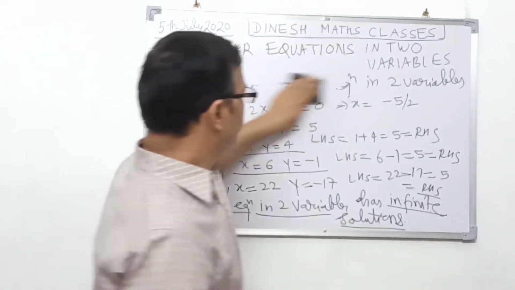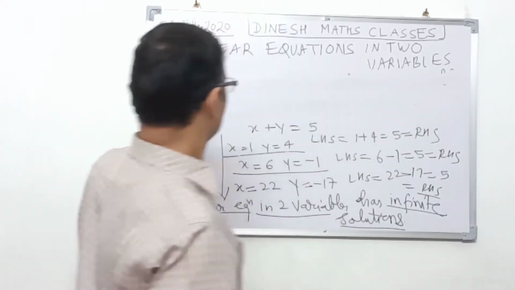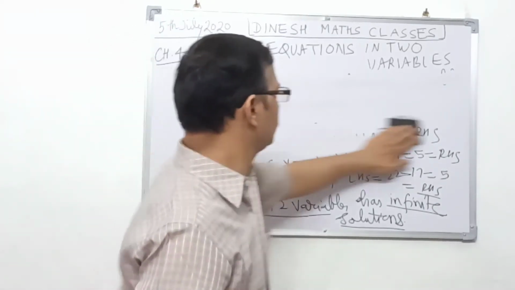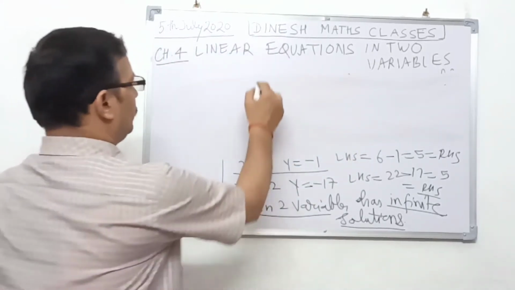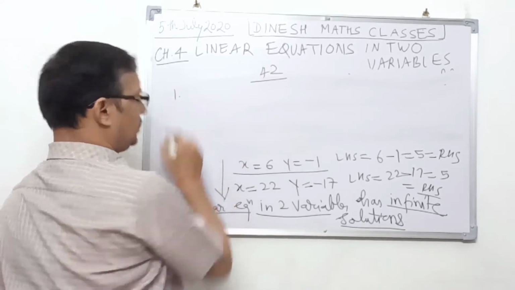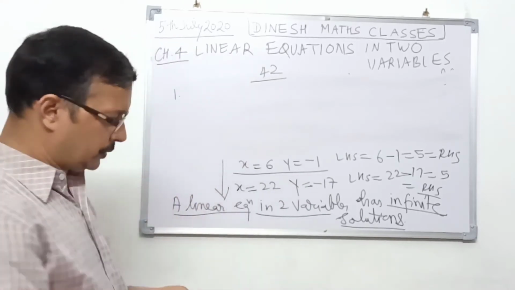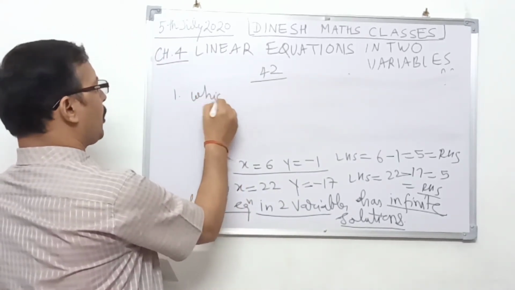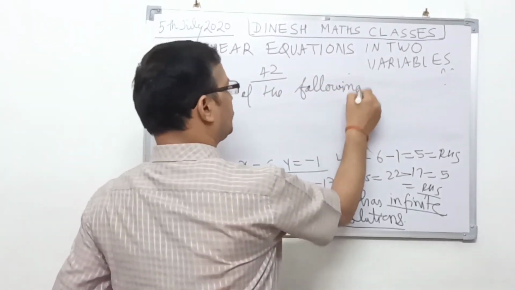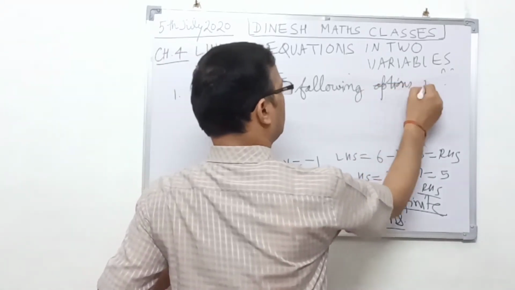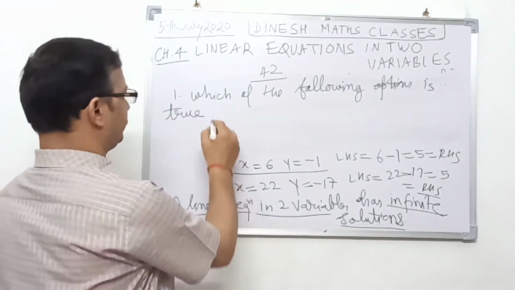So now coming to exercise 4.2. First question. It is a multiple choice question. Which of the following options is true and why?